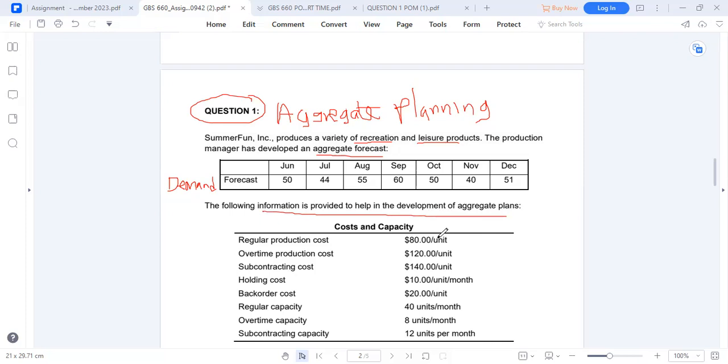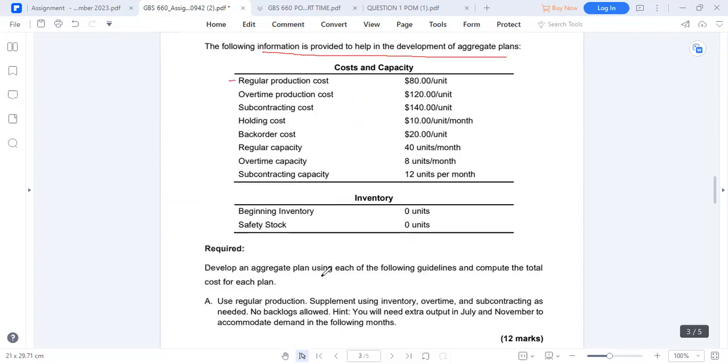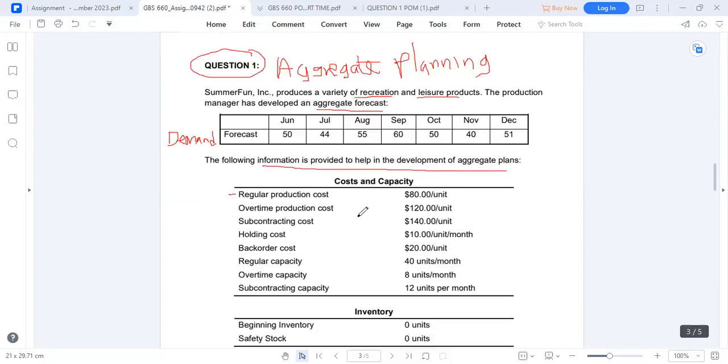The regular production cost is $8 per unit. The overtime production cost is $120 per unit. The subcontracting is $140, so you have to look at which is cheaper between the two. Overtime is cheaper than subcontracting.